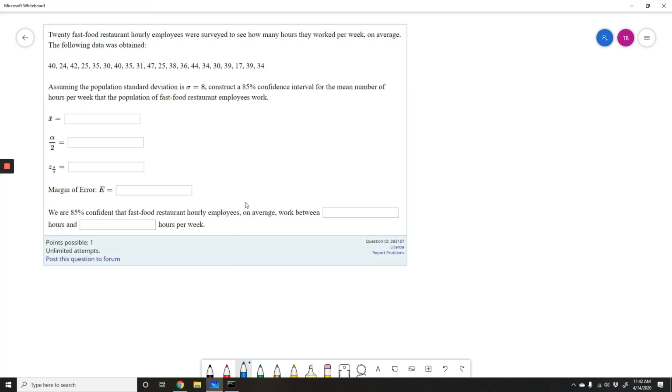To find that, let's go here. We are told that we want to construct an 85% confidence interval.